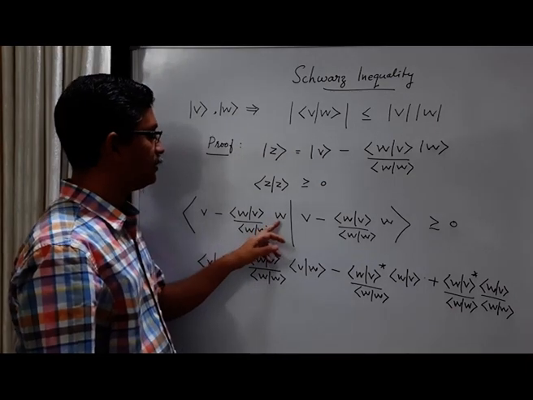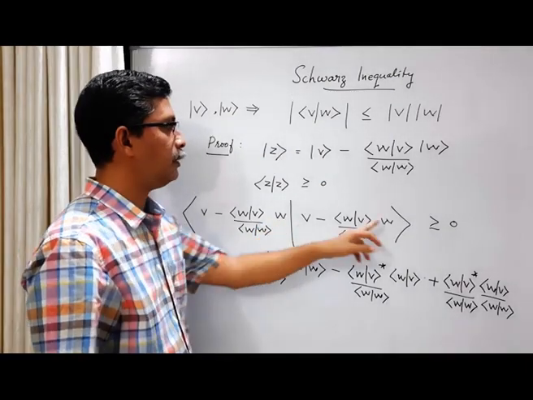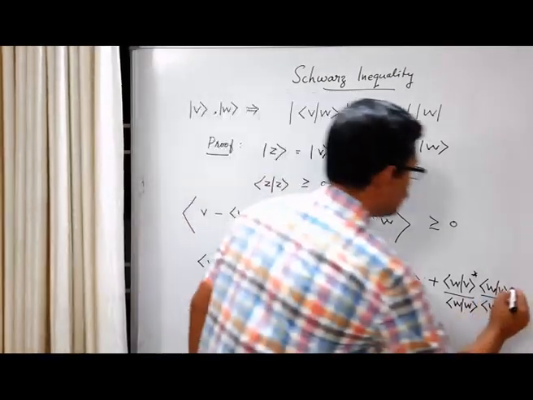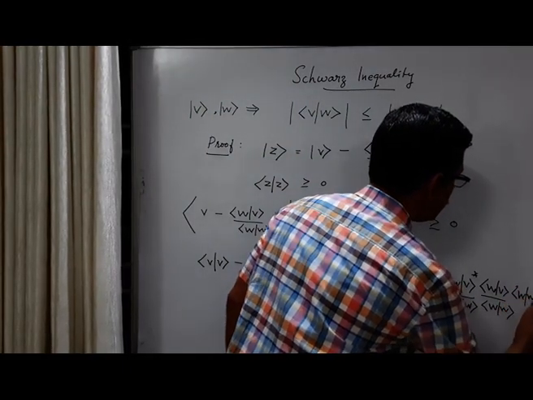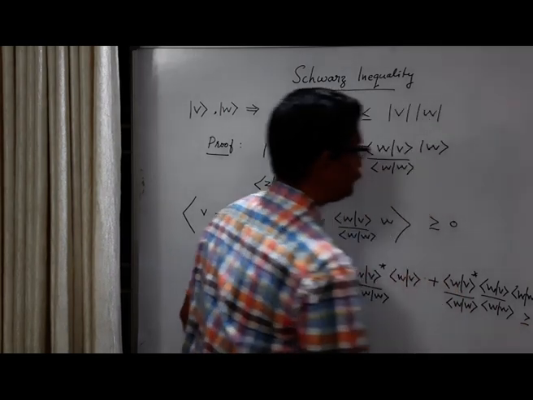Okay, then you take the inner product between bra vector W and ket vector W. So we have, and the whole thing is greater than or equal to 0.